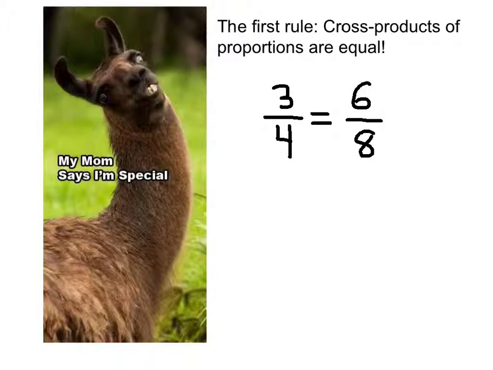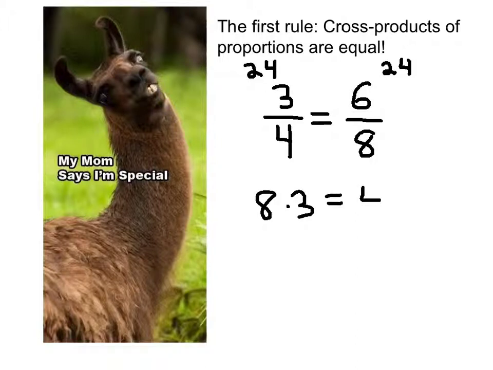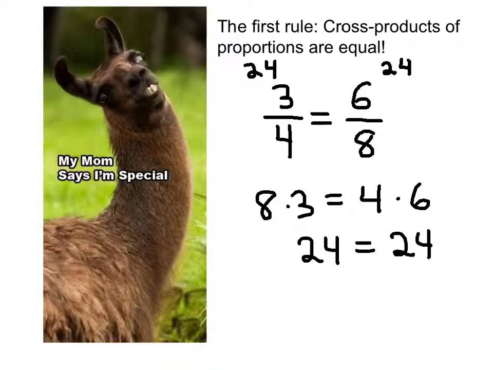For example, in this, we have 8 times 3 is 24, and we have 4 times 6 is 24. That shows us that 8 times 3 equals 4 times 6. 24 is equal to 24.